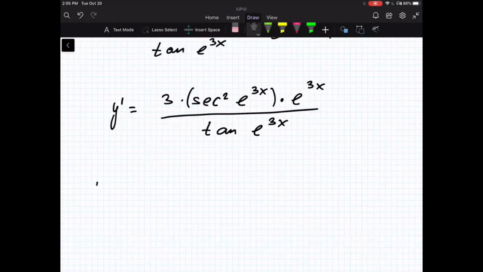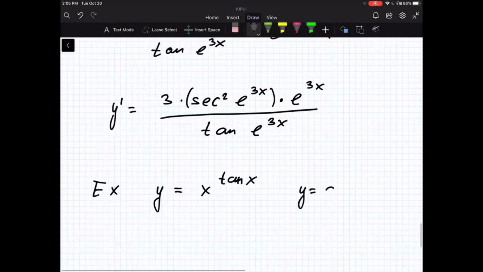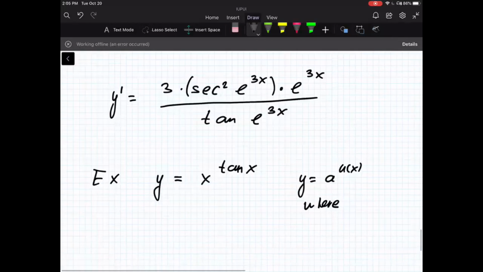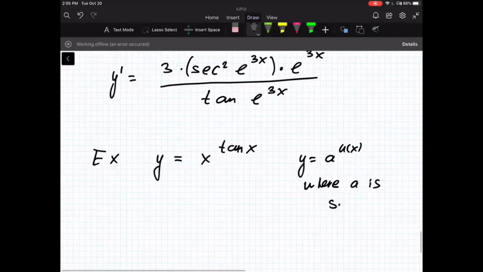The next example is more general, and it's quite tricky. So y is equal to x to the power tangent of x. So first of all, we see that the base of our exponential function, so usually we have a to some power u of x, where a was some constant, right? But here we see that x is not a constant, of course, so our base is also changing.